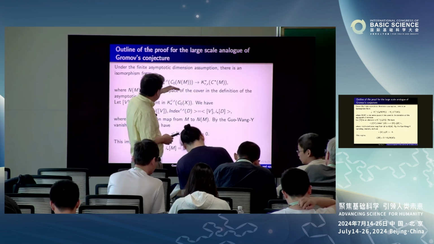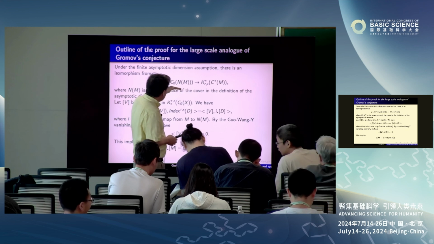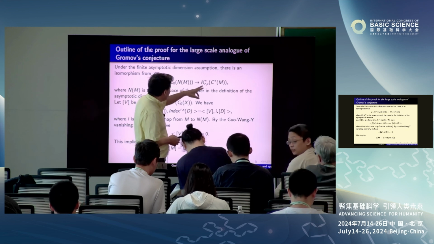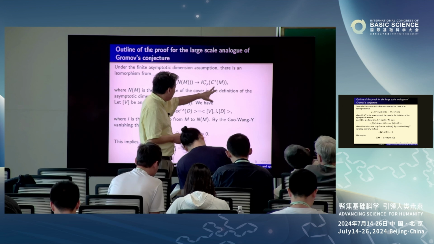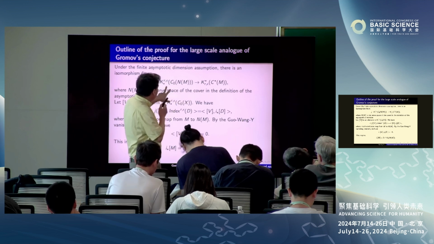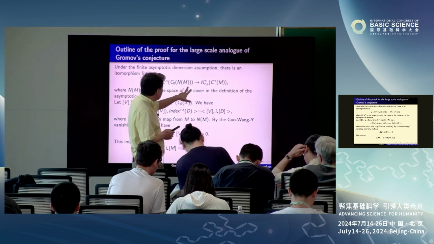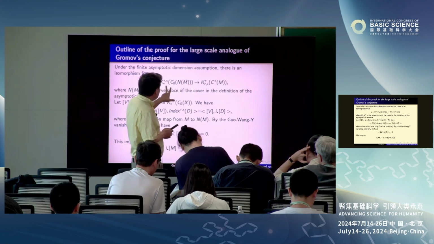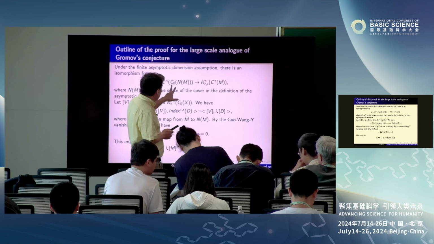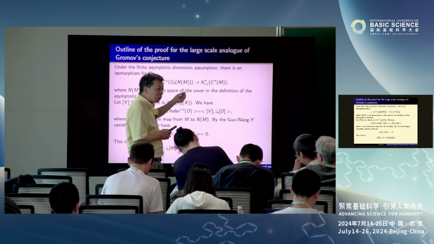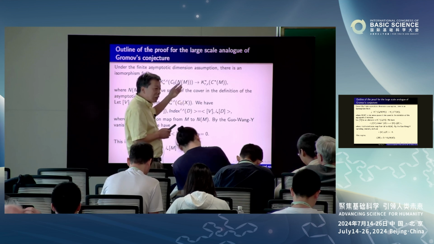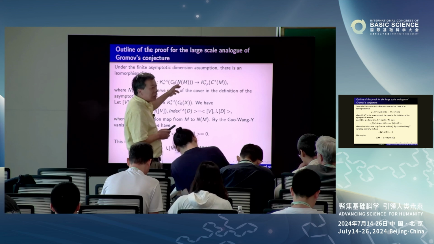What it's saying is that the pairing of the higher index with the K-homology class is equivalent to the pairing between this vector bundle with Lipschitz control and the Dirac K-homology class.